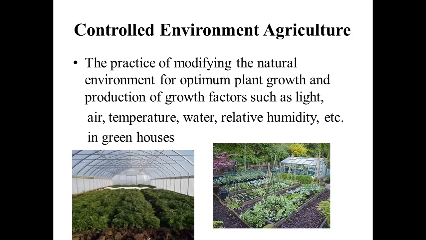What do I mean by growing vegetables out of season? You are growing vegetables when they're not supposed to be grown. Now, what makes it possible for you to produce these vegetables? Because you are able to control the environment within that structure, known as a greenhouse.